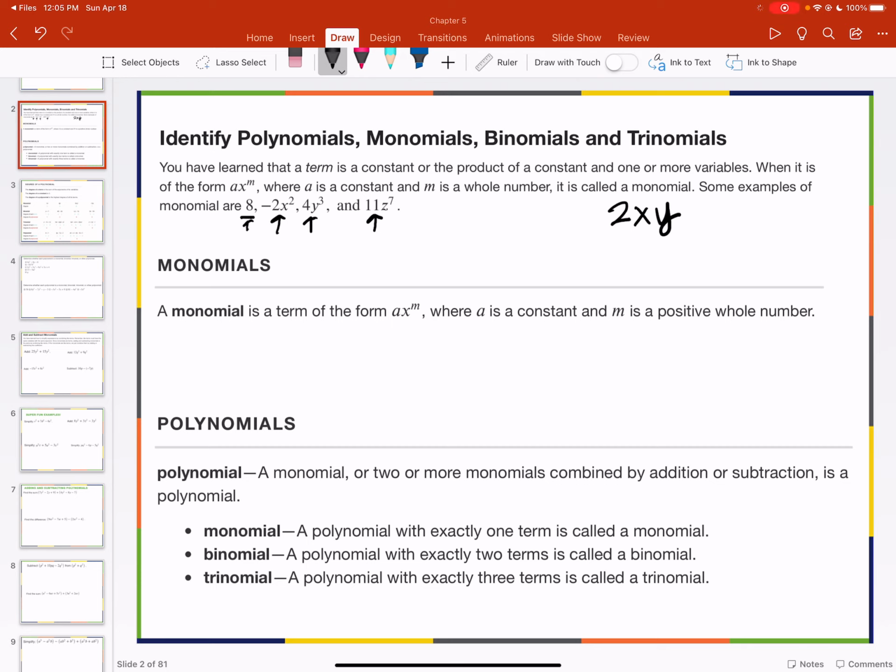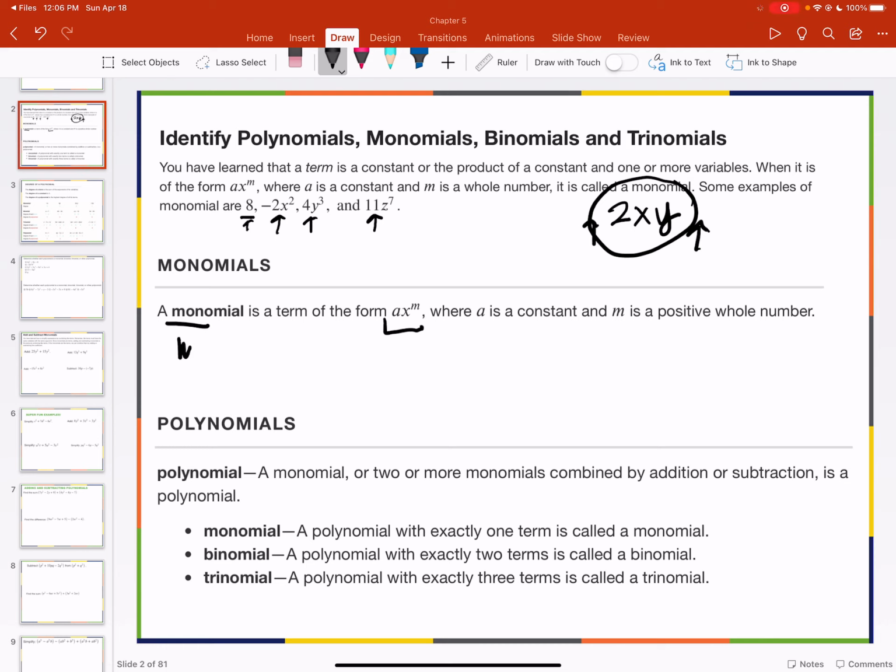In the book, it defines monomial as ax to the m, but in other books you can have multiple variables, which is fine, but for the most part we're going to do single, unless we get into properties of exponents and reducing and stuff like that. So we'll get into that soon enough. All you need to know is that there's no plus or minus signs before or after. It's just one term, or one monomial.